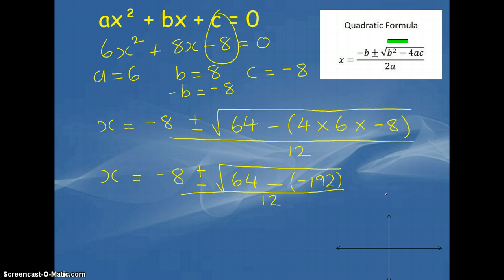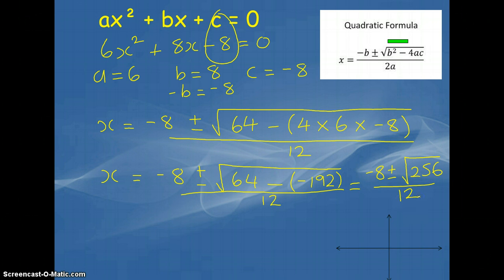So we can tidy this up a little bit more now. We know that 64 take away negative 192 is just like adding 192 to 64. Well, that's 256. So I've still got minus 8 plus or minus the square root of 256 divided by 12.